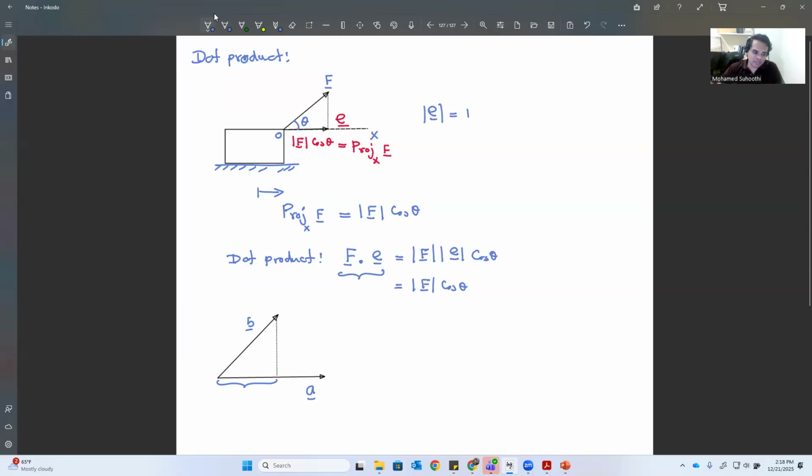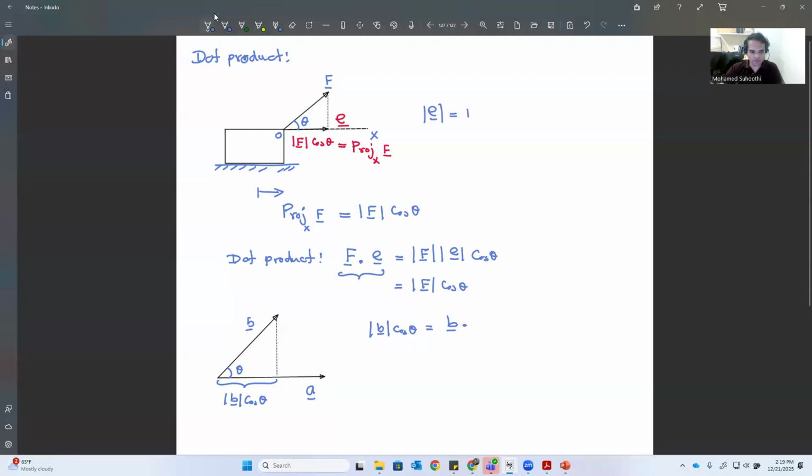How can I calculate this value? If the angle is theta, my value is b cos theta. How can I calculate this? It is the dot product of b and the unit vector along a. That means b dot the unit vector along a.